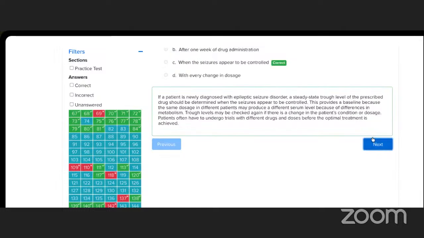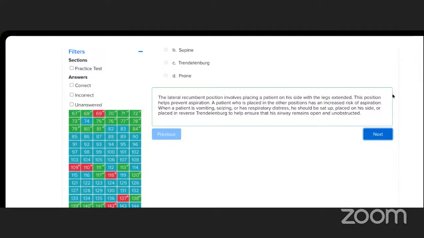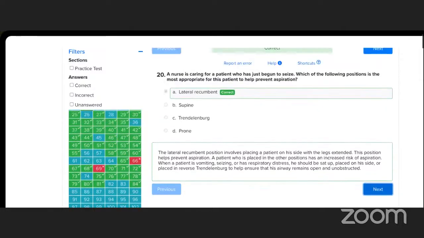We're moving to question 20. This has to do with the position for seizures. Which of the following is the position so the patient doesn't aspirate? The lateral recumbent position, which is the side-lying position with the legs extended, helps prevent aspiration. A patient who is placed in other positions has an increased risk of aspiration.